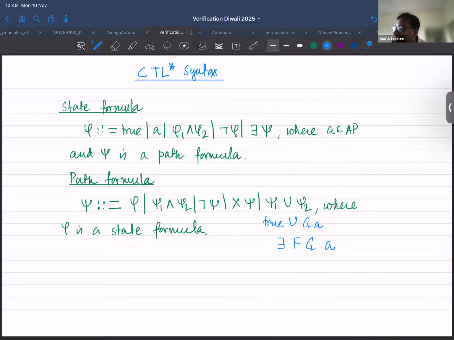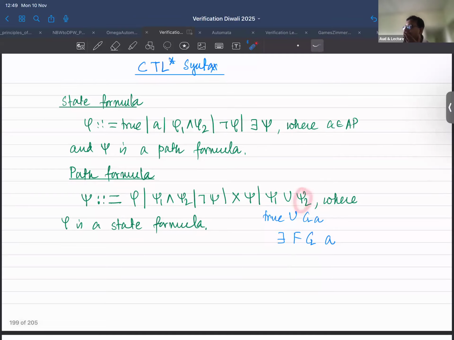So how do I get this globally A? Let's try to see. This is a path formula, correct? The psi 2, this is psi 1. So there exists, then this is like true until globally A.